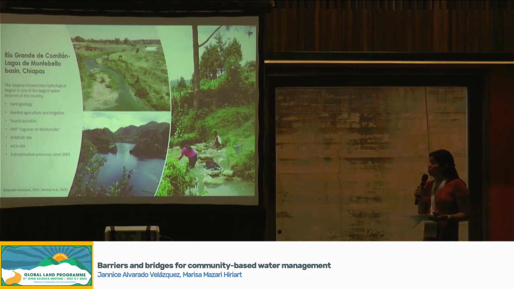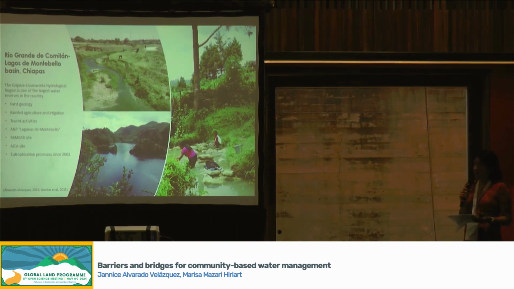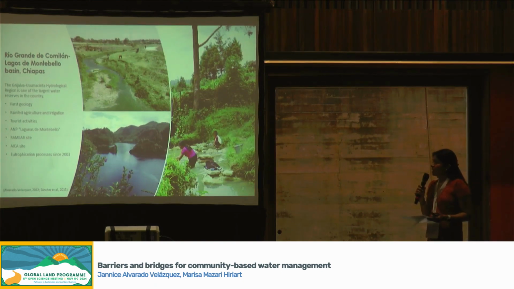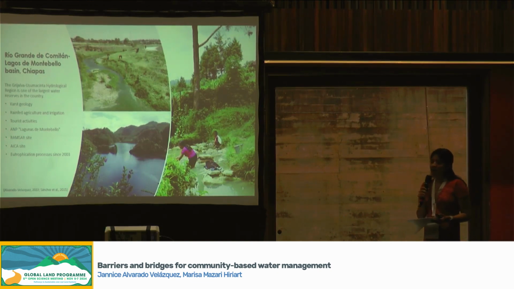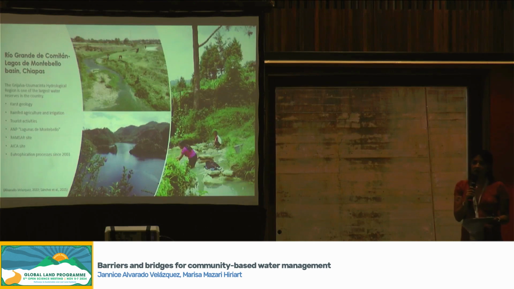It has karst geology, rain-fed agriculture and irrigation practices. There are tourist activities, mainly in the Lagunas de Montebello National Park, which has some of the deepest lakes in the country. It is a Ramsar site and an important bird area for UNESCO.